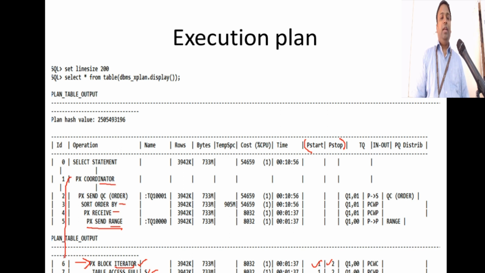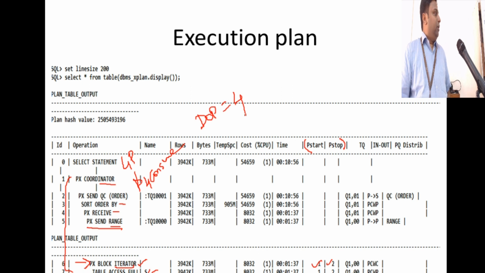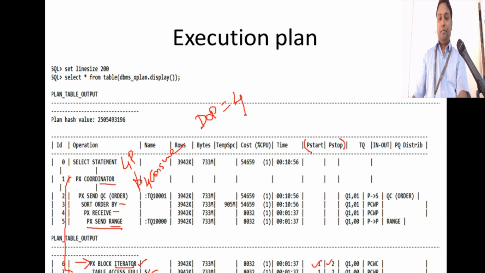How many producers and consumers do we have here? 4 producers and 4 consumers, because our degree of parallelism is set to 4. We should also be able to say what the distribution is. What is PQ distribution? It says range. What do you mean by range?